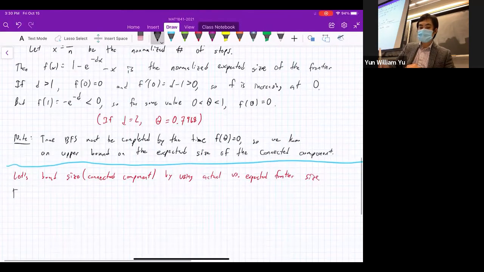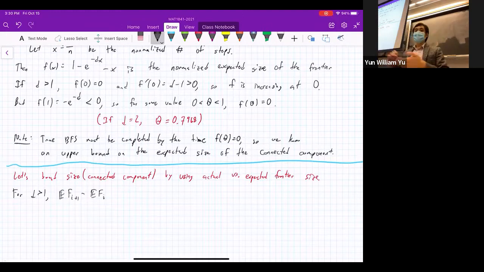So again, let's consider d greater than 1. Well, then the expectation of f sub i plus 1 minus the expectation of f sub i. What is this? This is just the expected number of new nodes that you've added to your frontier after one exploration phase. So this is approximately equal to d minus 1 times i for small i. Basically at each step you're asking, how many additional nodes are added to my frontier?